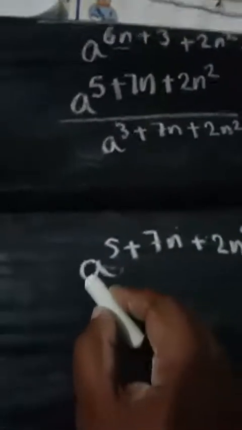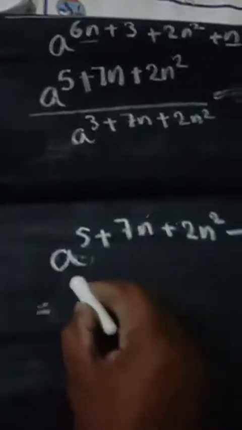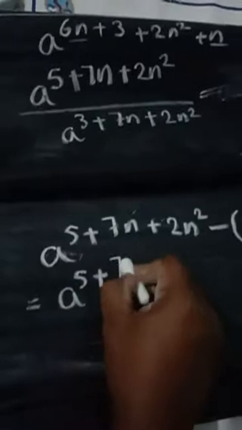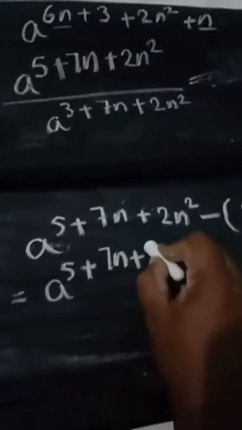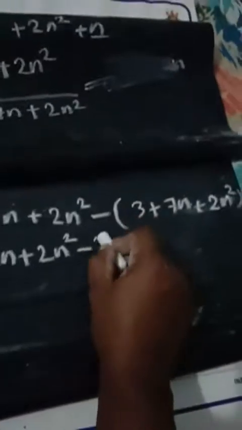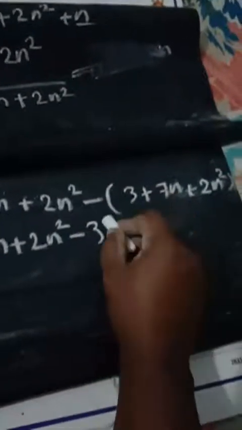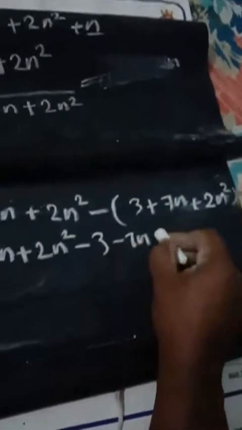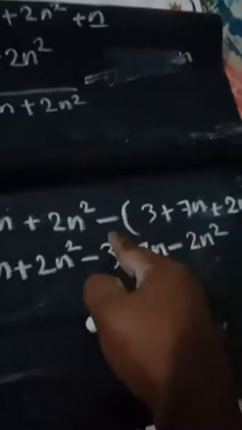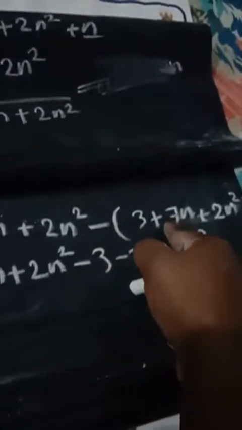Which is equal to, we can remove the bracket, a raised to 5 plus 7n plus 2n square minus 3 minus 7n minus 2n square. Okay, here negative of 3, negative 3, negative of 7n, negative 7n, negative of plus 2n square is minus 2n square.